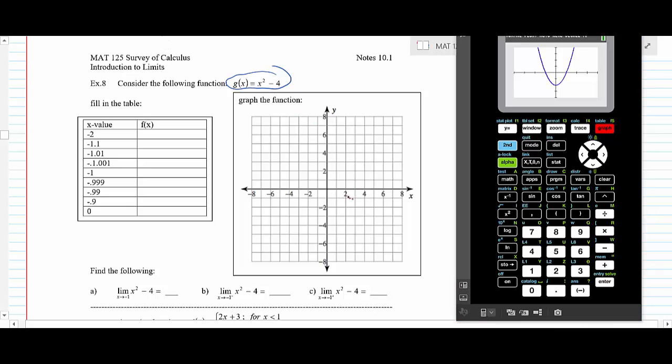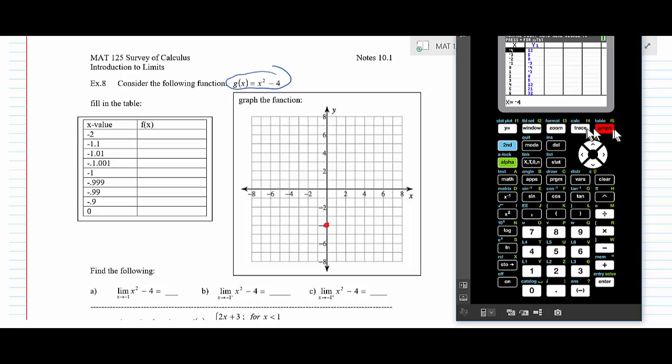Just put that in, type graph, and then we'll get just enough points here. Okay, so like we have a point 0, negative 4. You can trace at any of these values you want to. If you don't know this, students always have different backgrounds. You can also go second graph to get a table to come out. So if you go second graph, you get a table, and then you can plot these points.